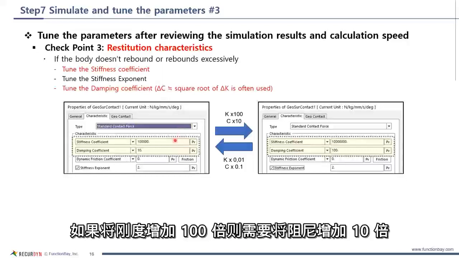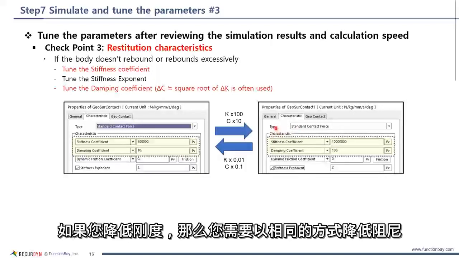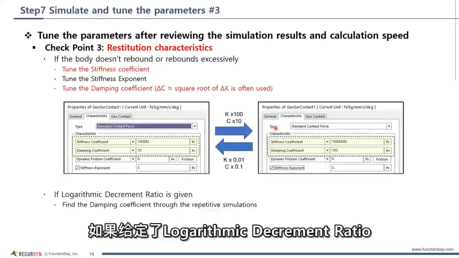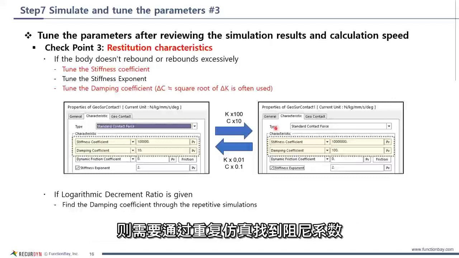If you increase stiffness by 100 times, you need to increase the damping by 10 times. If you decrease stiffness, then you need to decrease the damping in the same manner. If the logarithmic decrement ratio is given, you need to find the damping coefficient through the repetitive simulations.